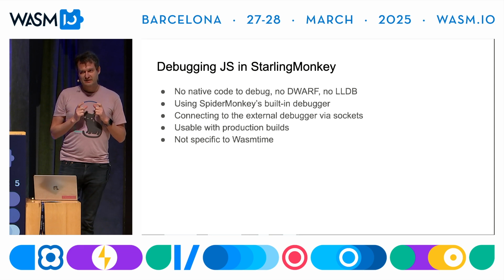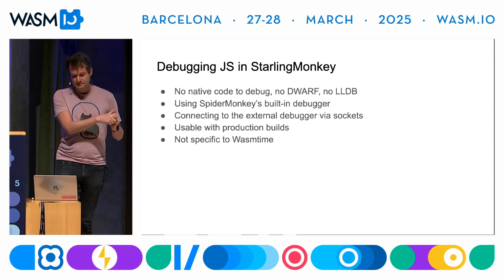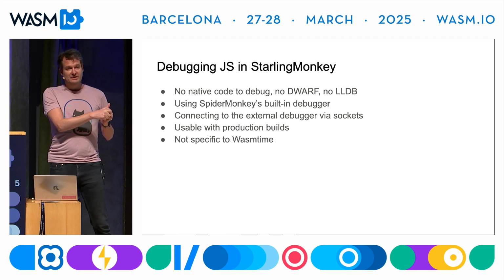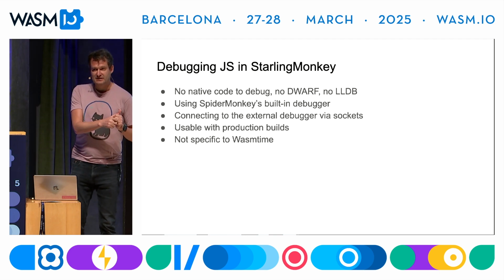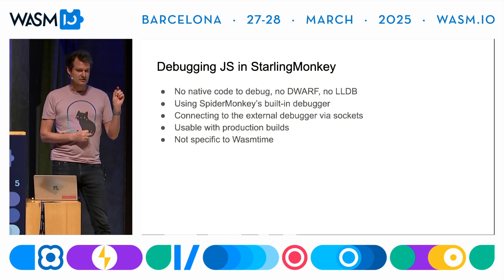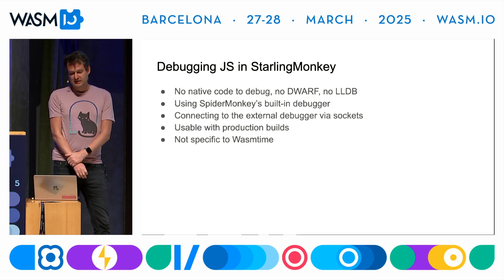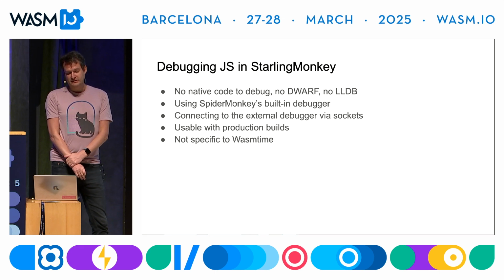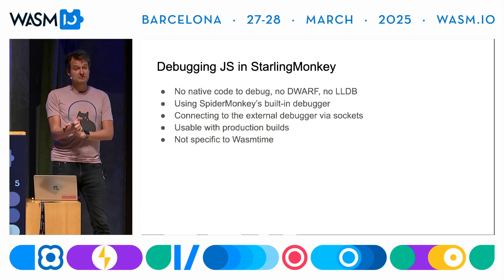Instead, we are using the content debugger that is built into SpiderMonkey, and we are connecting to an external debugger, in this case Visual Studio Code, via the socket connections that the WASI sockets interface provides. And that, in turn, means it's usable in production builds.